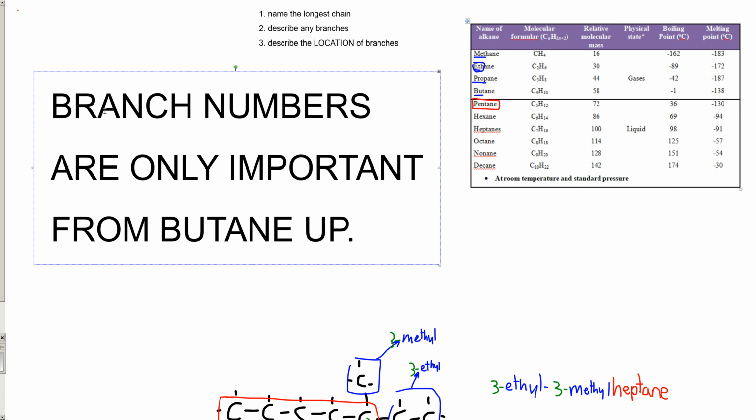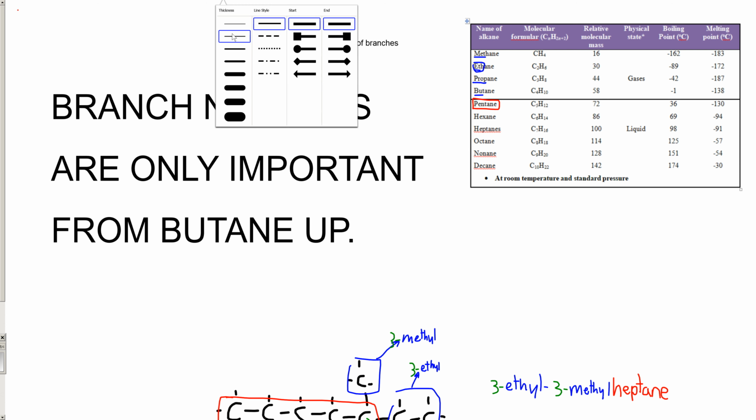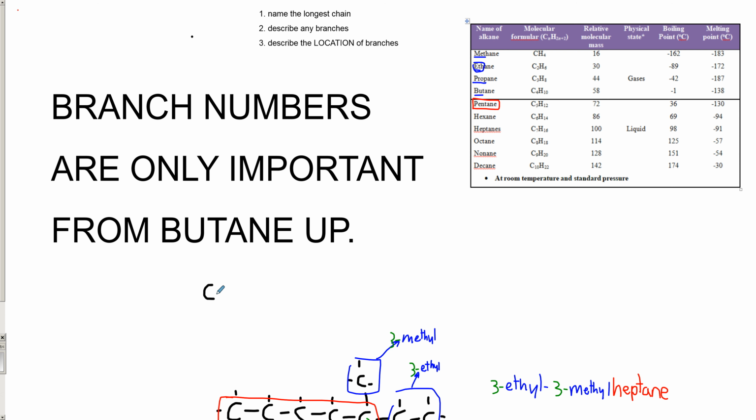What do I mean by that? If I do this molecule here, put my little tickies out there. This is a propane. And yeah, we can see that there's a methyl group on there. So methyl.